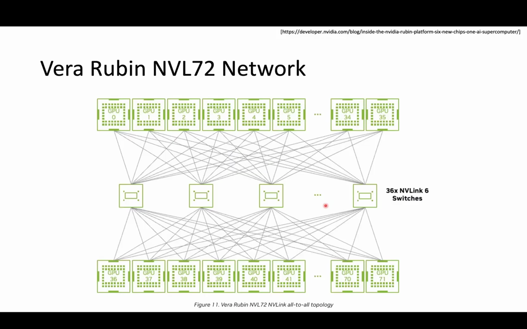In the case of a large NVLink network-based GPU system, the parallelism design may change. For instance, previously we could use model parallelism only inside a GPU node, between 8 GPUs. But now you can use model parallelism between 72 GPUs. And in the future, you can use model parallelism between more than 500 GPUs because the NVLink network continues to grow.